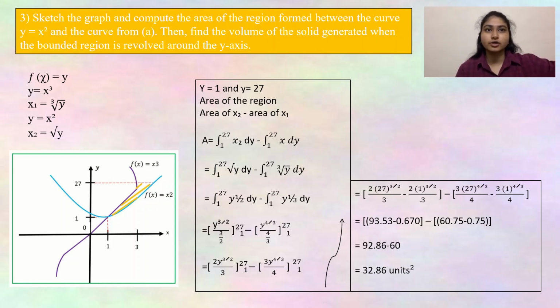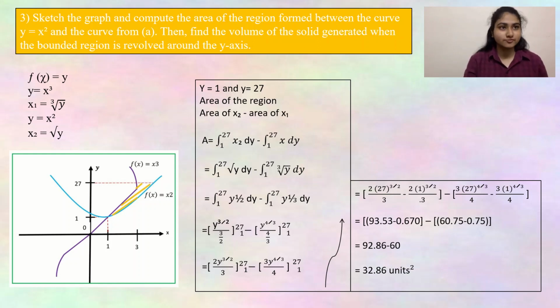So if we solve it, it will be 2y to the power of 3 over 2, over 3, in bracket limits 1 to 27, minus, in bracket, 3y to the power of 4 over 3, over 4, in bracket 1 to 27.